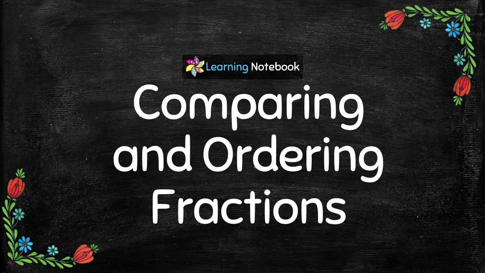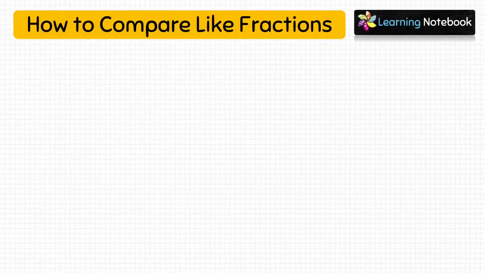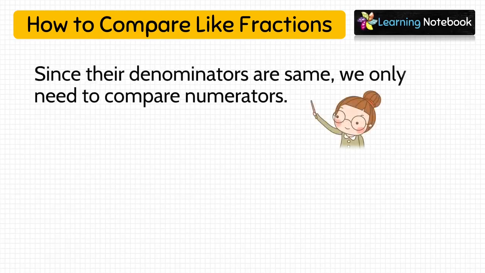Now let's move to our next topic, comparing and ordering fractions. Now students, let's understand how to compare like fractions. Since in like fractions the denominators are the same, we just need to compare their numerators.